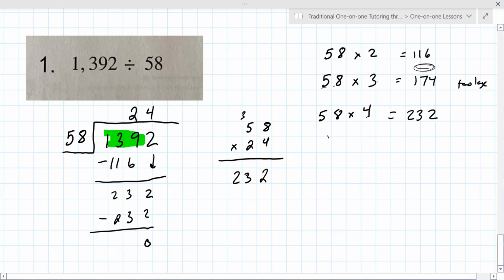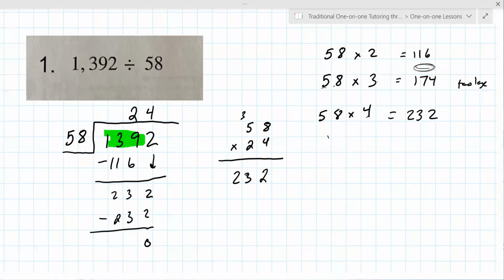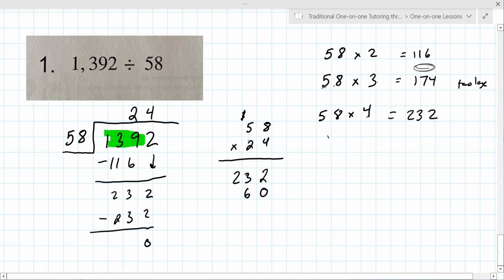And now 2 times 8, 16. Put the 6, carry the 1. 2 times 5, 10 plus 1, 11. Add it up: 2, 9, 3, 1. And it works.